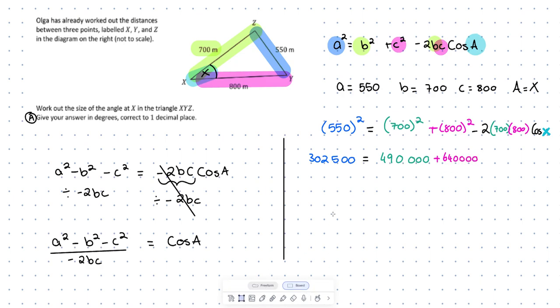And then this piece here is going to work out to be minus, so 2 by 700 by 800 is going to leave me with 112,12340. So just popping that into your calculator, 2 by 700 by 800 leaves me with this. And then I have cos of x.